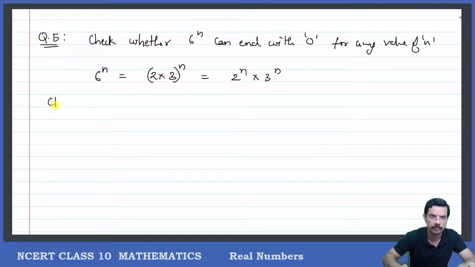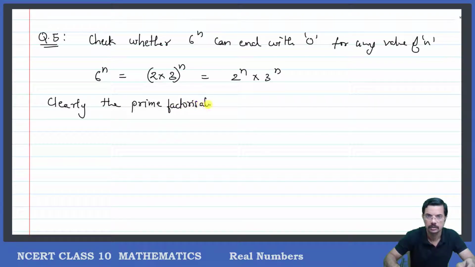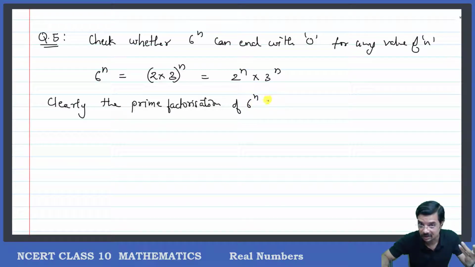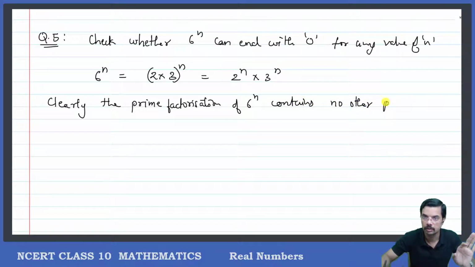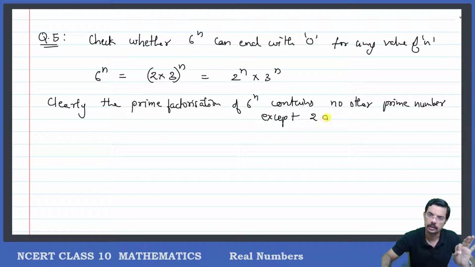So clearly, the prime factorization of 6 raised to n contains no other prime number except 2 and 3, correct?